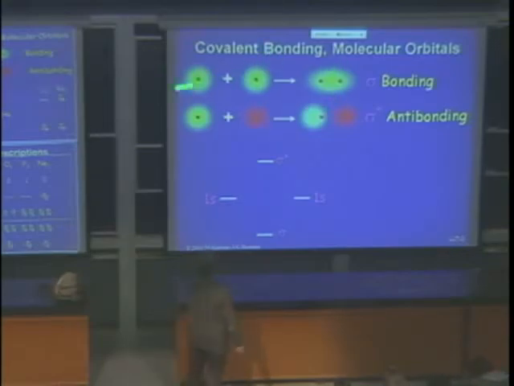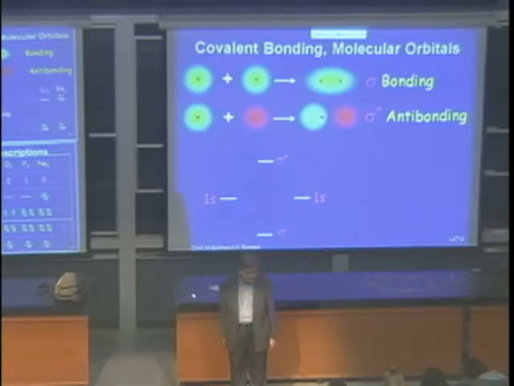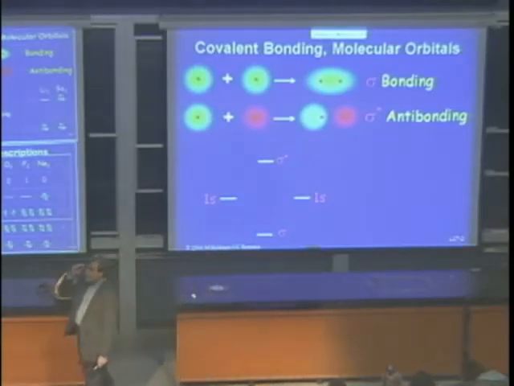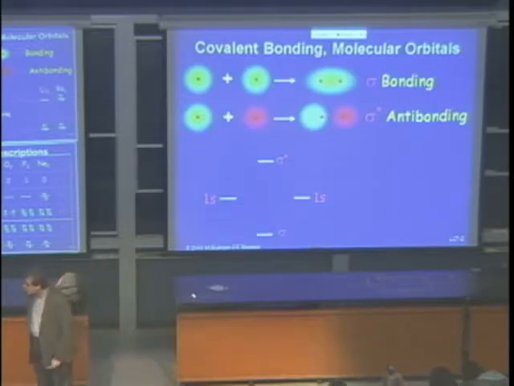So you cannot lose orbitals. You started out with two, and so far you only made one. That's the bonding one. So the other one will be the out-of-phase interference, the destructive interference, and there you have anti-bonding, an anti-bonding molecular orbital. Anti-bonding says that there can be electrons in there, but it's not bonding, all right?